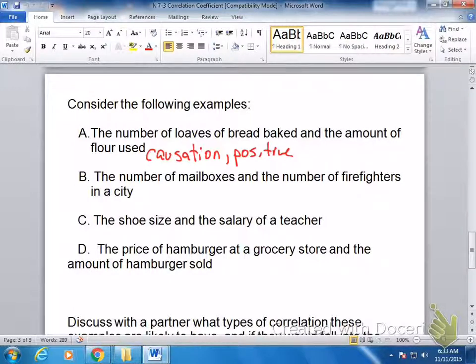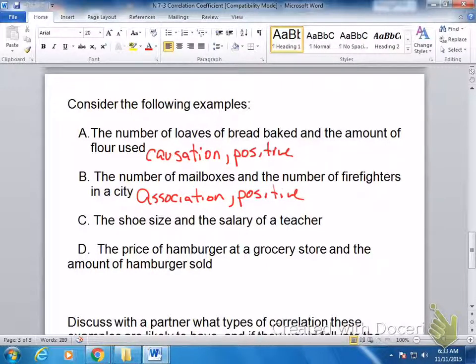So this one is an association. Remember, association means they could have a correlation and be associated, but that one does not cause the other to happen. Just because you have mailboxes doesn't mean you have firefighters, but in a way, the more mailboxes you have, the bigger your population. Now, the more mailboxes you have gives us more firefighters, so that would be a positive correlation.